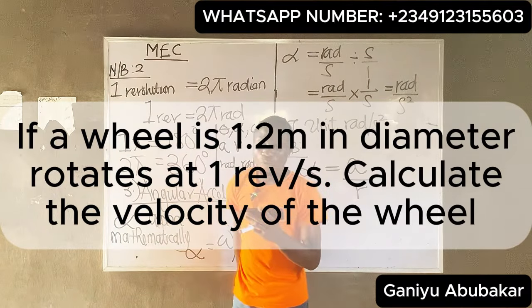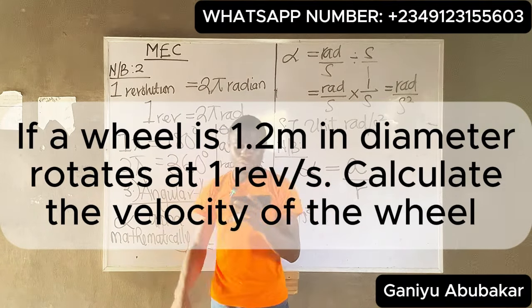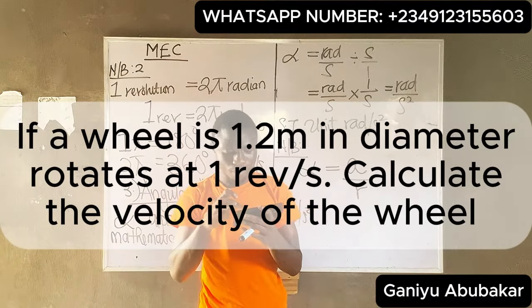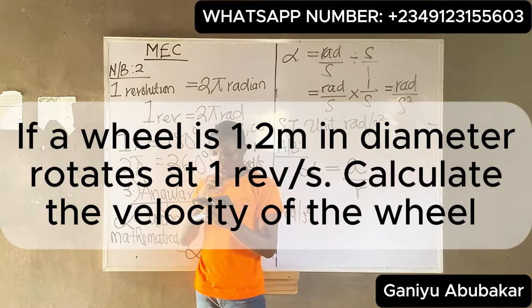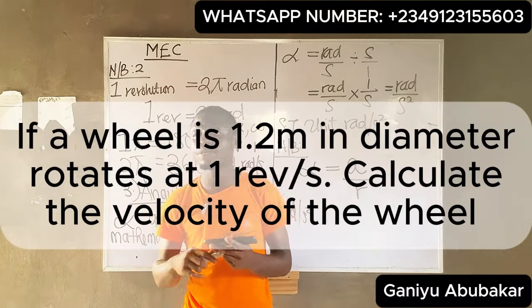Yeah, 1 what? Per second. Are we good? Calculate the velocity of the wheel. Calculate the velocity of what? Of the wheel.